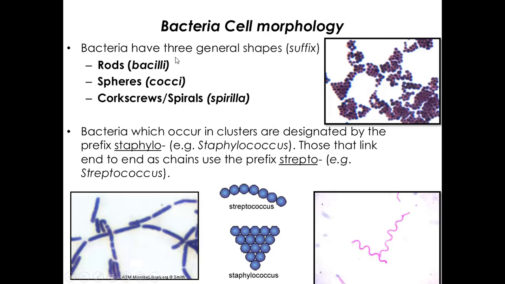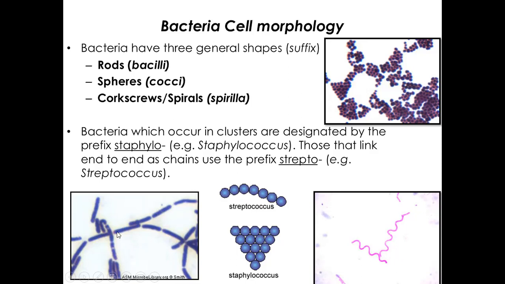We talk about bacteria, and when you look into the microscope, it's very important that you'll be able to see bacterial cell morphology, so the shape of the bacterial cell. And in general, bacteria have three shapes. You've got rod-shaped, or bacilli, we call it, and you see down here in the lower left, we've got rod-shaped bacteria.